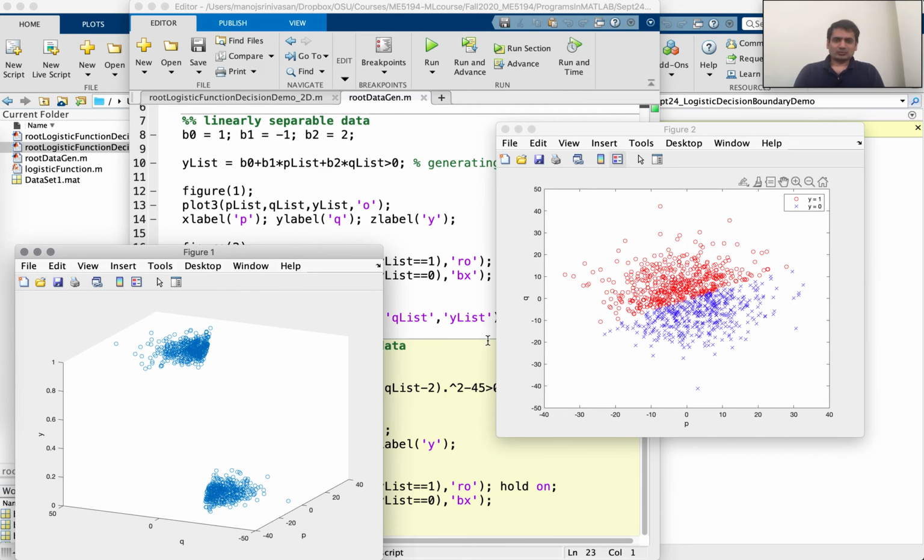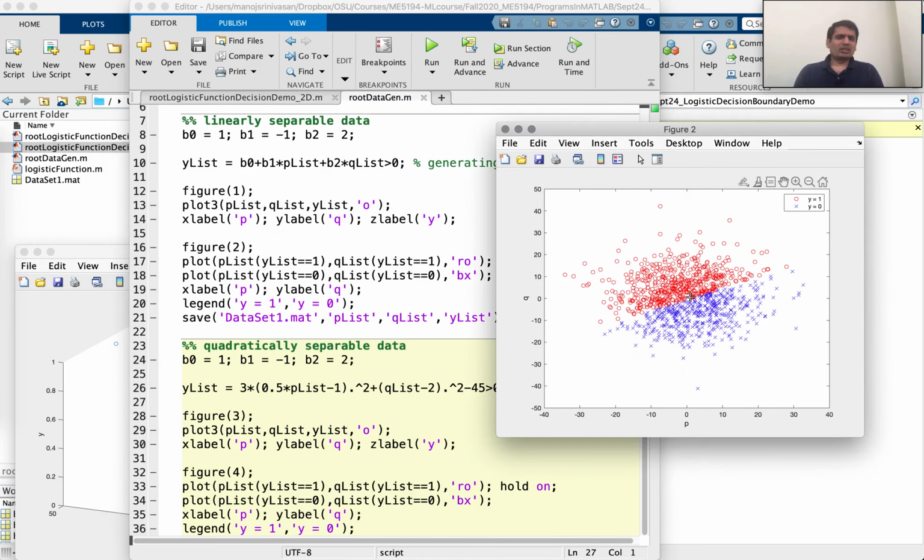So hold that thought. In logistic regression, we would like to find, for instance, the straight line relating P and Q. Similarly, if you have many more input variables, P, Q, R, S, T, and an output variable Y, the corresponding problem is to find, in this many-dimensional input space, a plane that separates the data with Y equals 0 and Y equals 1.